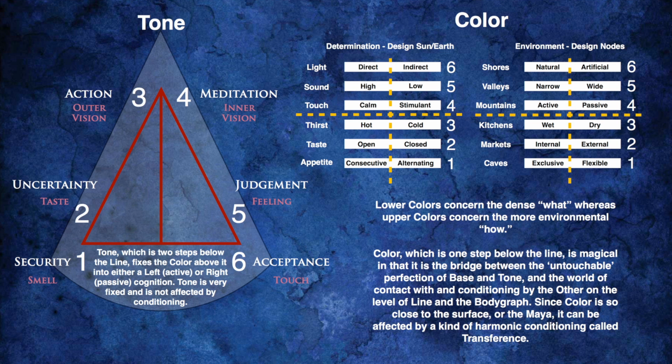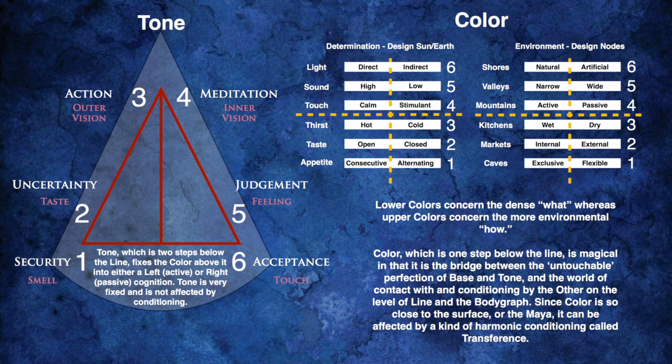Now, what is transference? In this course, we're mostly going to be looking at the determination, which is the design Sun-Earth substructures, and the environment, which is the design nodes substructures. These are some of the most powerful forms of transference that people can get stuck in.